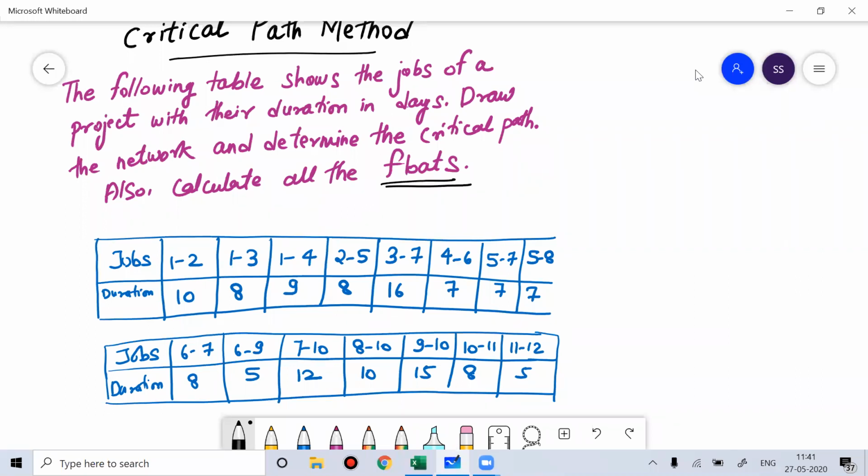The data is in the form of different jobs and the duration required to do each job. Once we are done with drawing the diagram, the first thing we'll do is talk about time analysis.